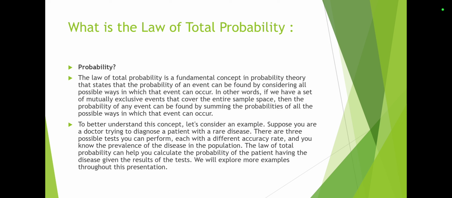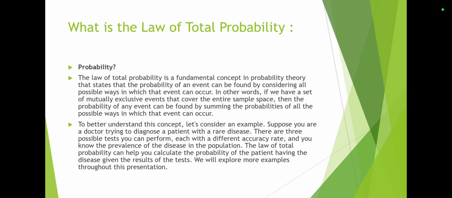What is the law of total probability? The law of total probability is a fundamental concept in probability theory that states that the probability of an event can be found by considering all possible ways in which that event can occur.